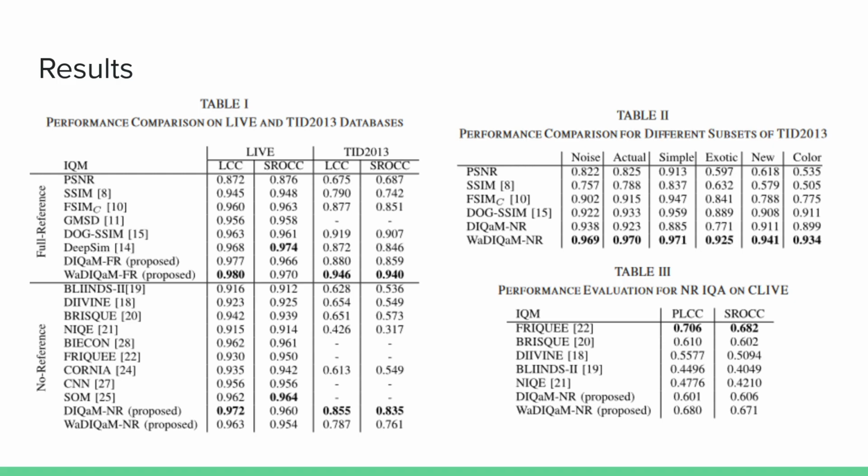So moving on to the no reference side of table 1, the project is using more models to compare against the two no reference models that were created by the team. Since no reference is much harder than full reference, the scores are a little lower, however, still very good for no reference.